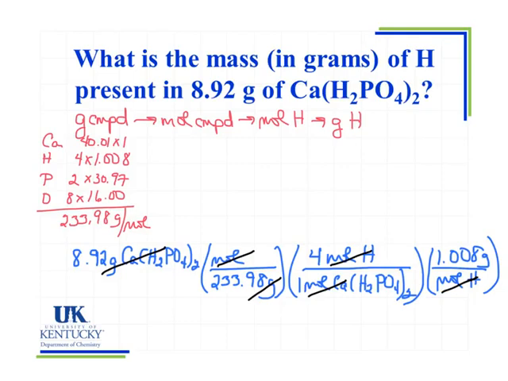Now I can do the calculation, and what I end up with is that I have 0.1537 grams of hydrogen, and because my initial number here only has 3 significant figures, I need to round that to 0.154 grams of hydrogen found in my 8.92 grams of calcium dihydrogen phosphate.